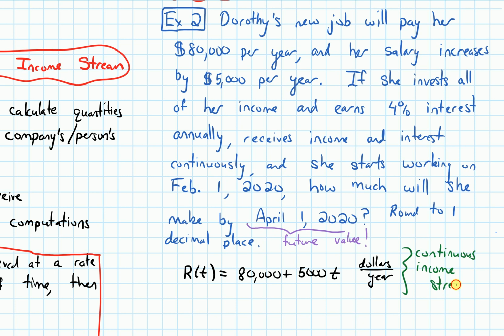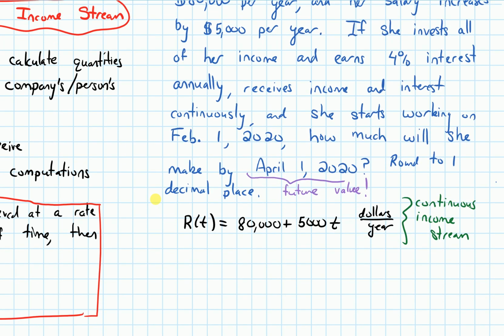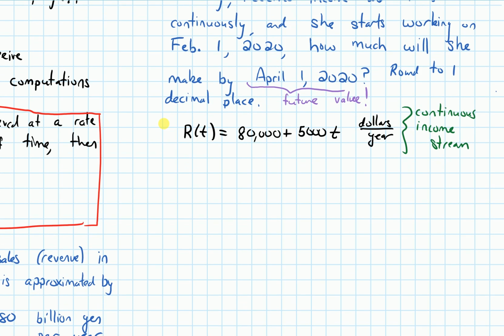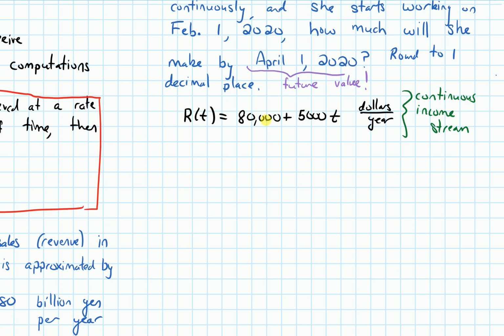The question told us to assume she receives income and interest continuously. As she's receiving income right away, she's depositing it and then earning interest on it. So the income she gets initially will earn interest for a longer time than income she gets later.